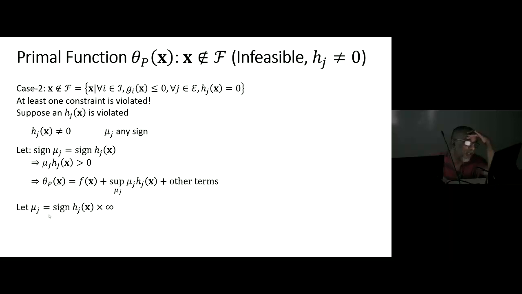So mu j equals the sign of H j times infinity. Okay, and then what happens is this becomes infinite, right? So it's unbounded. Therefore, mu j H j is infinity, or theta p of x is infinity. In other words, if an H j is violated, we see that theta p of x becomes infinity.